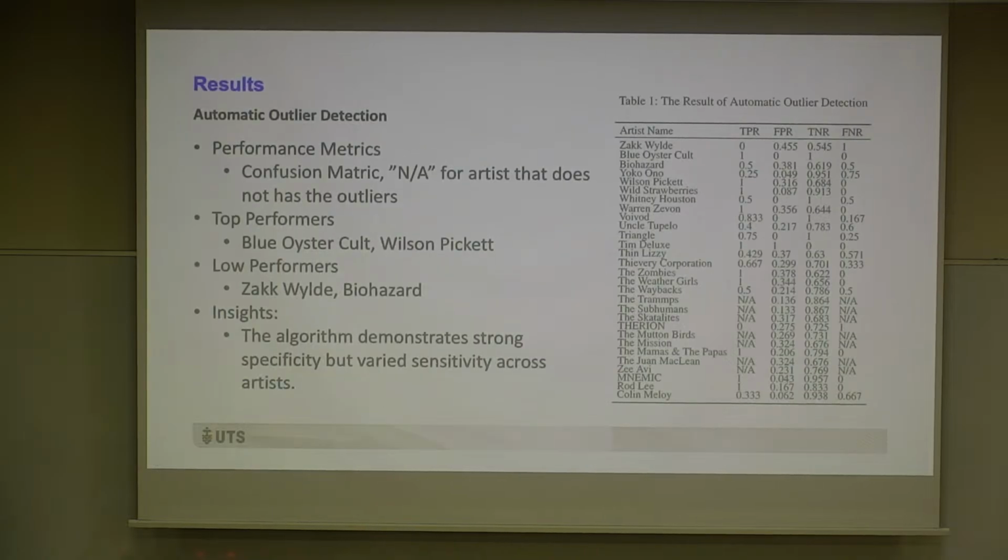Firstly, for the automatic outlier detection, we use a confusion matrix with four metrics: true positive rate, false positive rate, true negative rate, and false negative rate. The label NA indicates the artist does not have outliers. We have top performance on Blue Locust Court and Wilson Pickett, whose music has only one dominant style, which is pretty obvious.